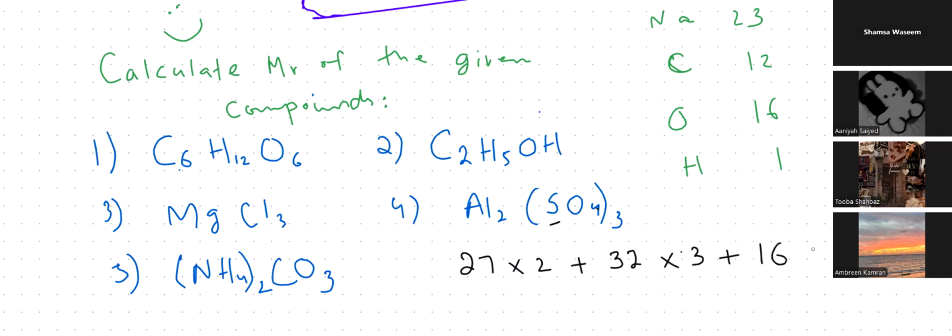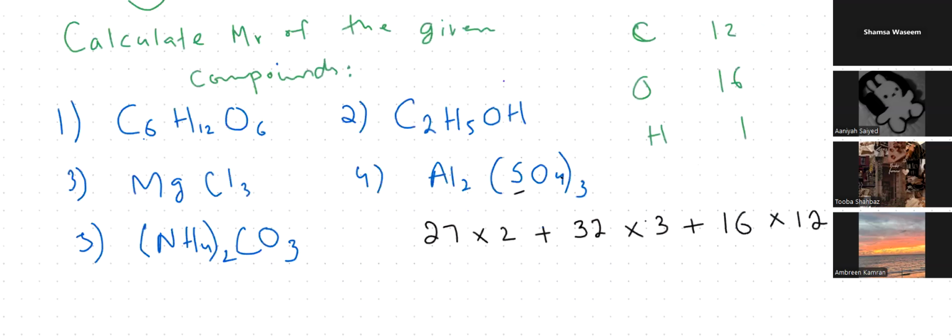Any problem with this sulfate? Or you could write 3 outside, then 32 plus 16 into 4. You could have done it that way as well. Clear?